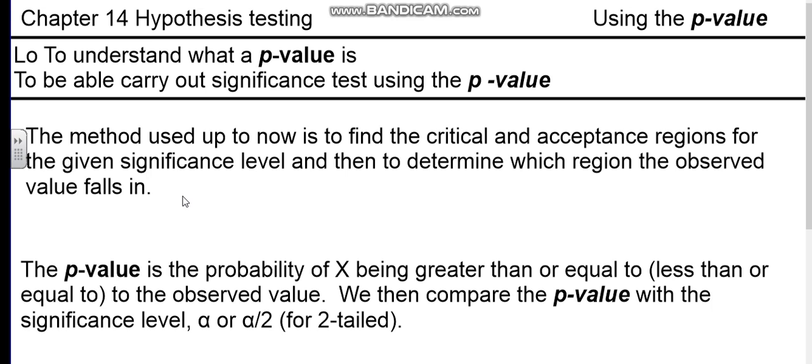So with this method, we're going to use the p-value, and the p-value is the probability of X being greater than or equal to, or less than or equal to, our observed value, okay? And then we compare the p-value with the significance level, which is either alpha or half alpha for a two-tailed test. So the easiest way to see what that means is actually to have a look at some questions.